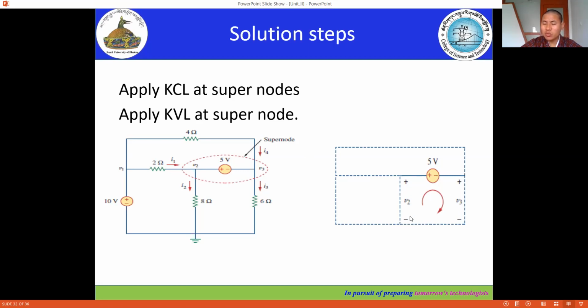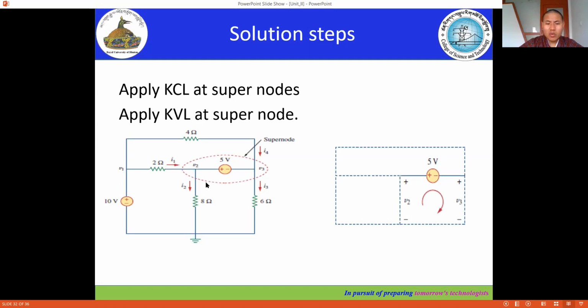We take this branch voltage as V2 and this branch voltage as V3. If we apply Kirchhoff's voltage law, we have minus V2 plus 5 volt plus V3 is equal to 0. Why are we taking negative here? Our assumed current is entering from negative to plus, so we take minus V2. Then here it is entering from plus to minus, so plus 5 volt. From here plus to minus, we take plus V3 is equal to 0.